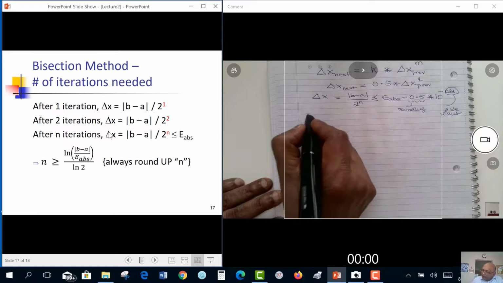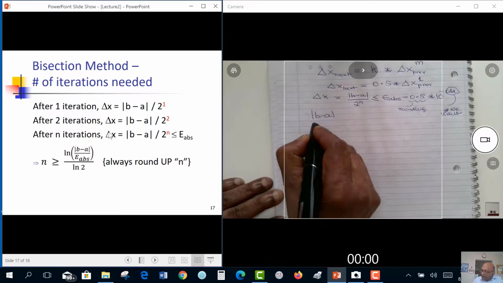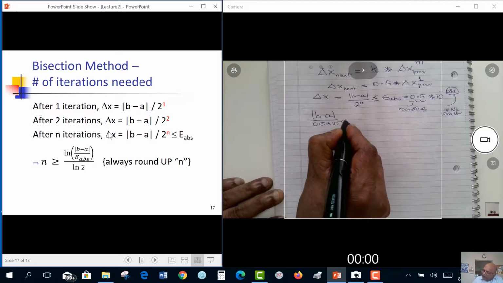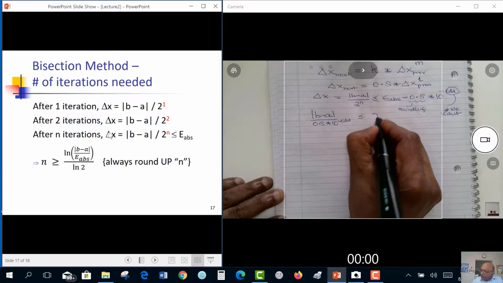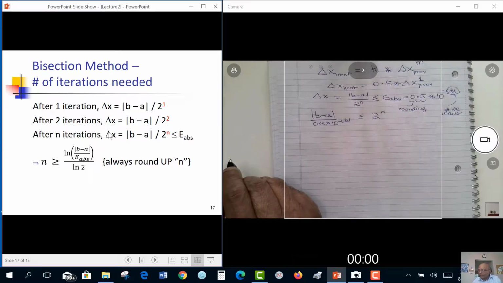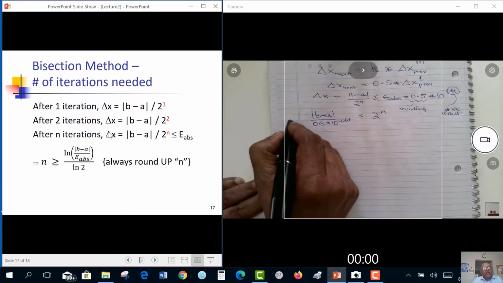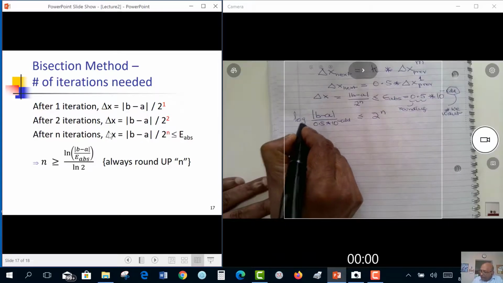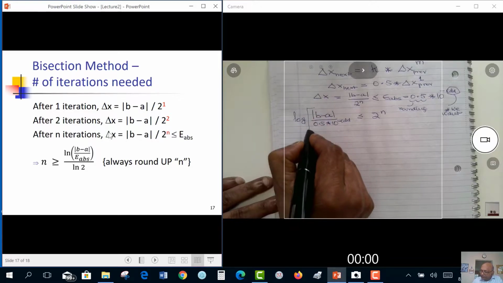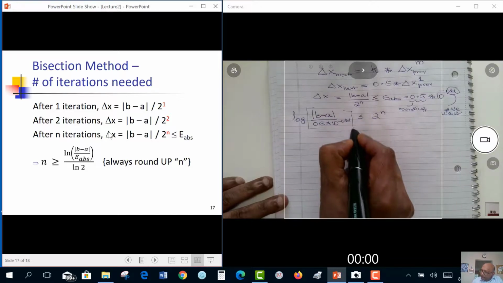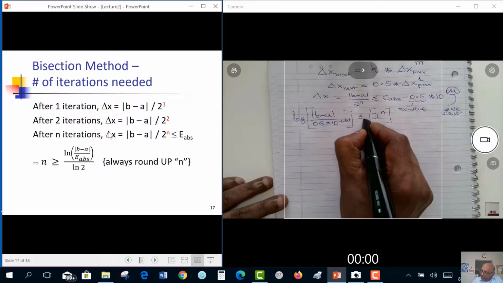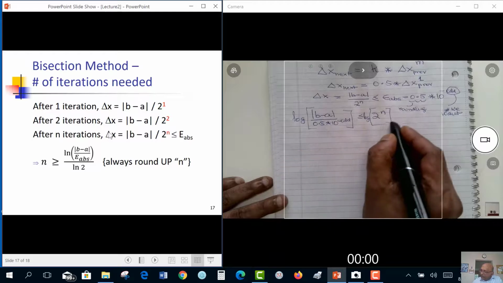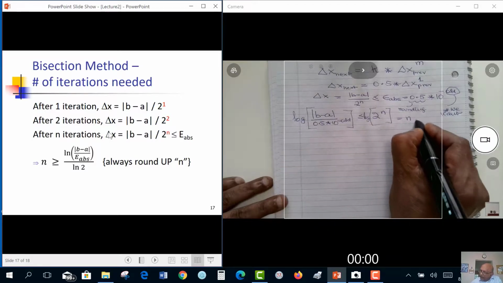So now we can rearrange this. Let's bring b minus a over 0.5 times 10 to the minus CDD to one side, less than or equal to 2 to the power n. Now we can take the natural log of both sides. When we take the natural log of both sides, we get n log 2.